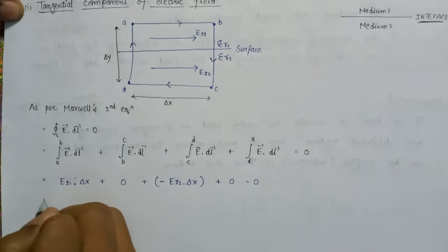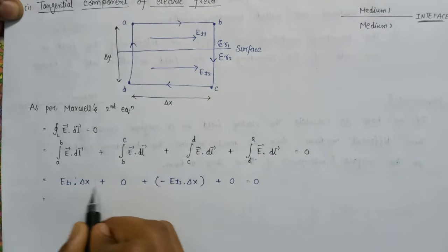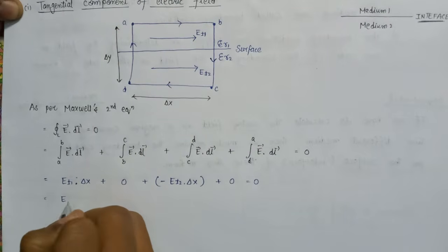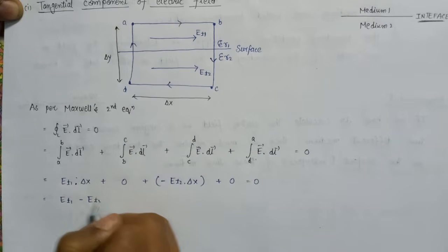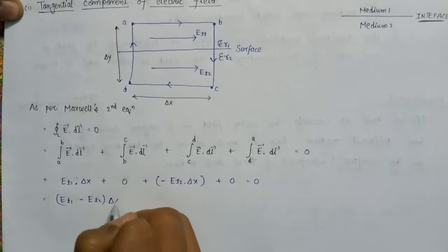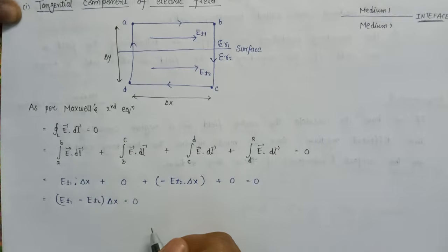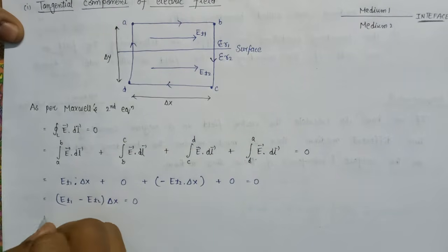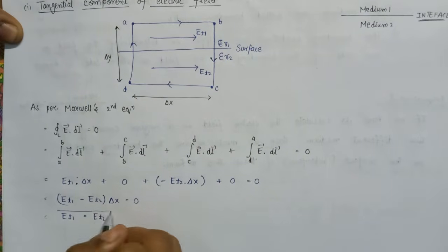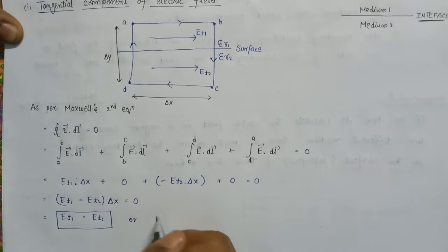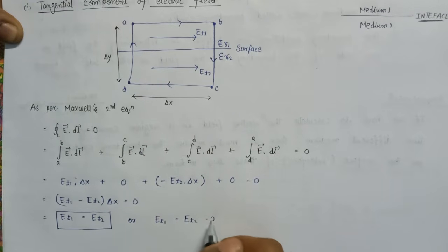Now we can also write it as, by taking the del x common, ET1 minus ET2 into del x is equals to 0, or this can also be written as ET1 is equals to ET2 or ET1 minus ET2 is equals to 0.